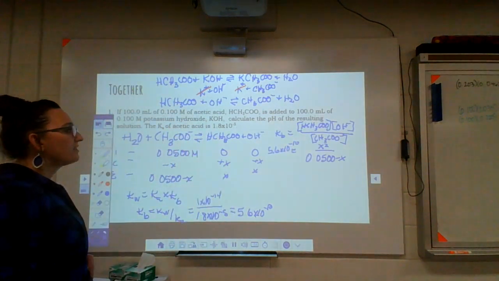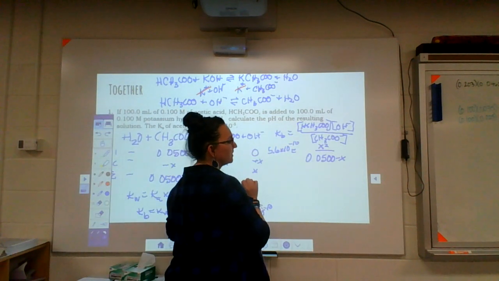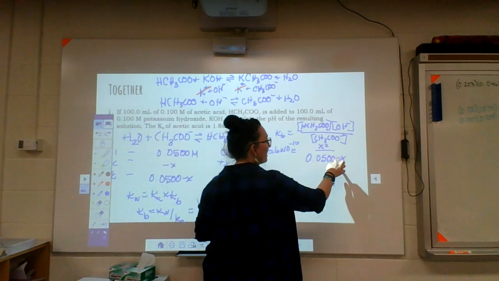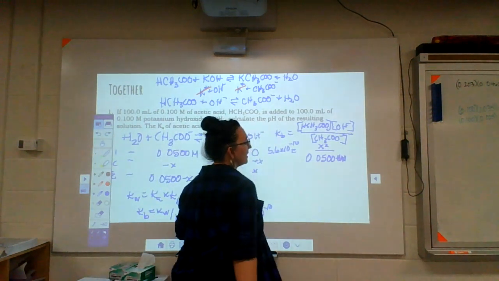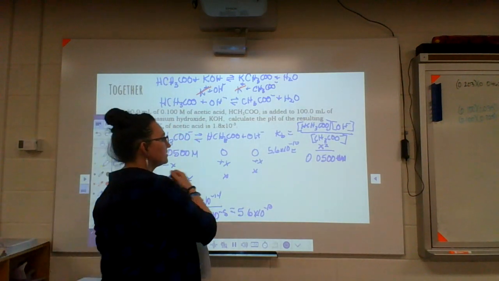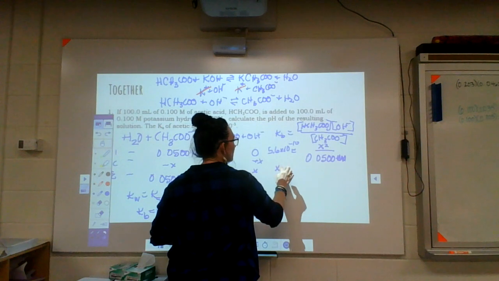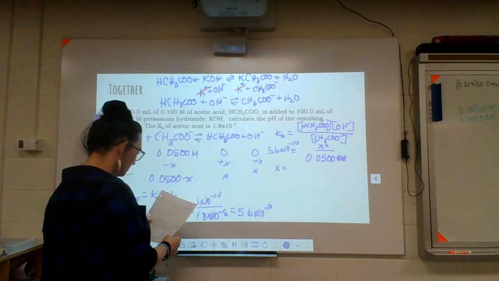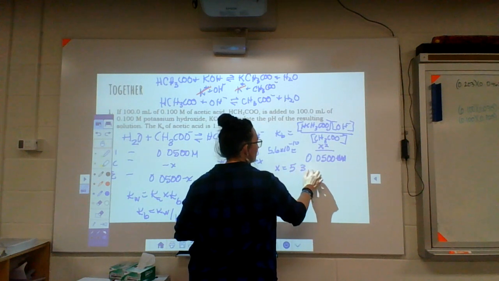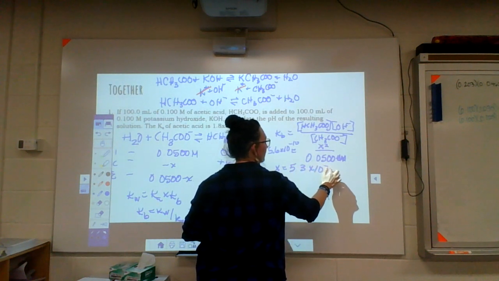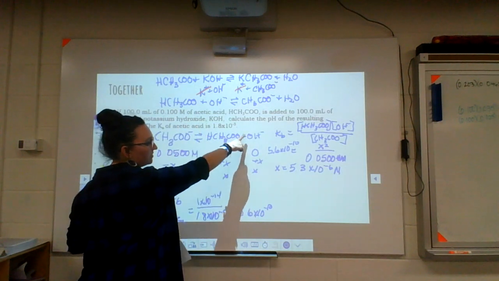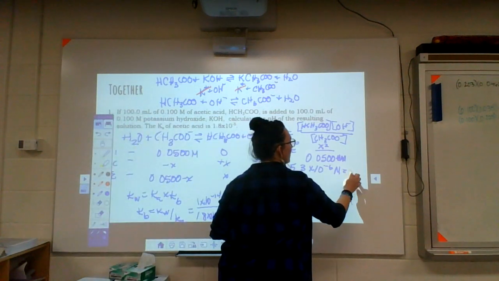Okay, and then 10 to the minus 10 is very small, much smaller than 1 times 10 to the negative 4. So I can ignore that x in the denominator when I'm solving. So x is equal to 5.3 times 10 to the negative 6 molar. And remember, x is also the concentration of the hydroxide ion.